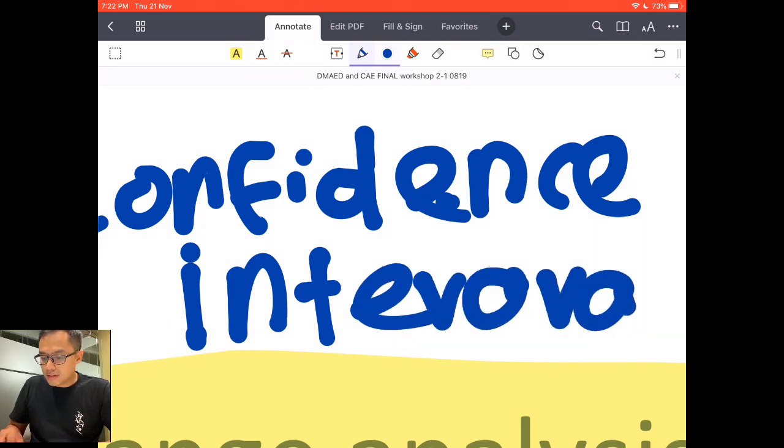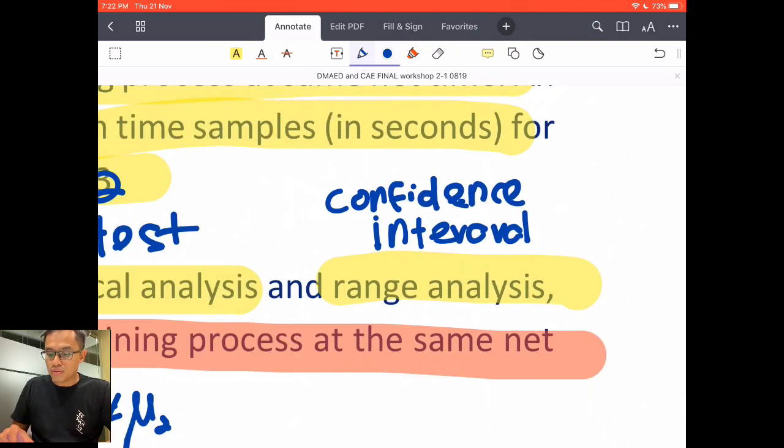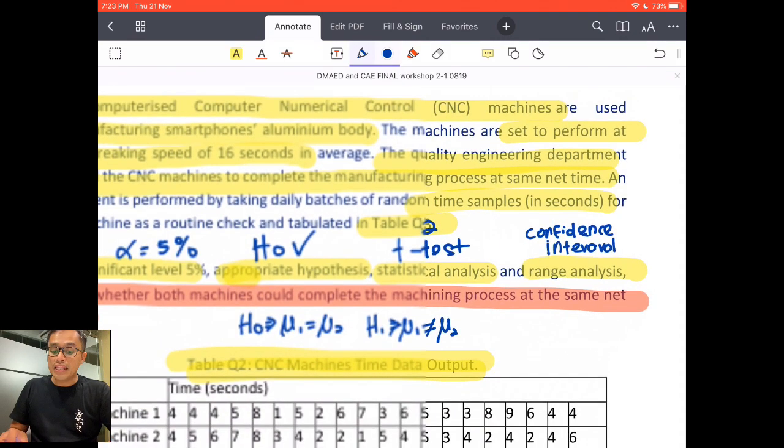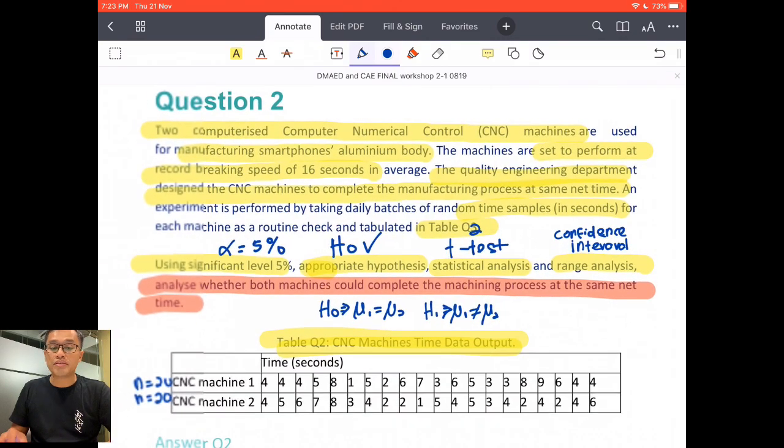In the final exam, for your own benefit, I will say what your alpha is, whether it is open alpha or just 5% alpha. I will say that you must produce this, maybe at same net time or different net time. If a t-test is coming out in the final exam, I will ask you to give the confidence interval in the question.